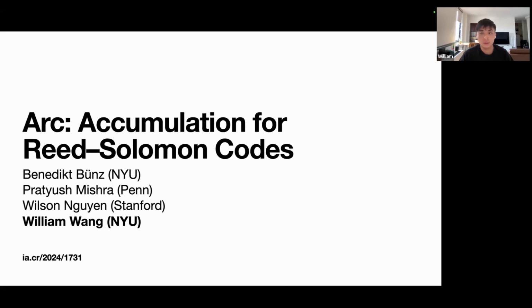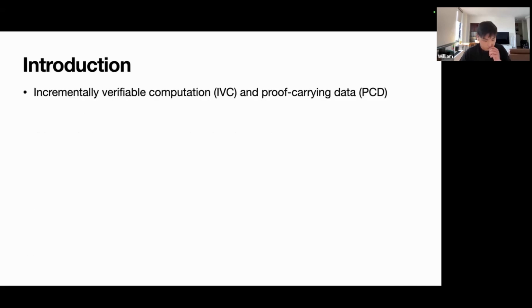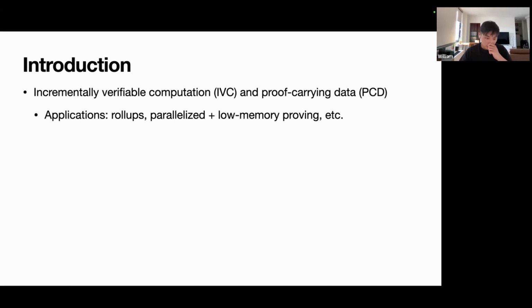Okay, cool. So let me first start with a very high-level motivation. Our overarching goal is to build IVC and PCD. These are cryptographic primitives that have a lot of applications, including in blockchain systems like rollups, zkVMs, and also more abstractly things like parallelized and/or low memory proving.